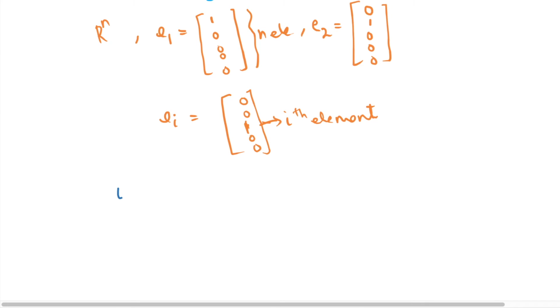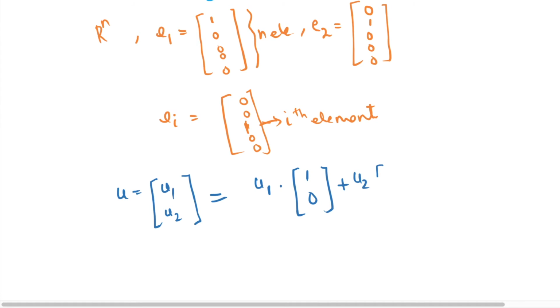Let's take any vector u, which has components u1, u2, and you can express u as the scalar u1 times (1, 0) plus the scalar u2 times (0, 1). And this is nothing but u1 times the i vector plus the scalar u2 times the j vector.